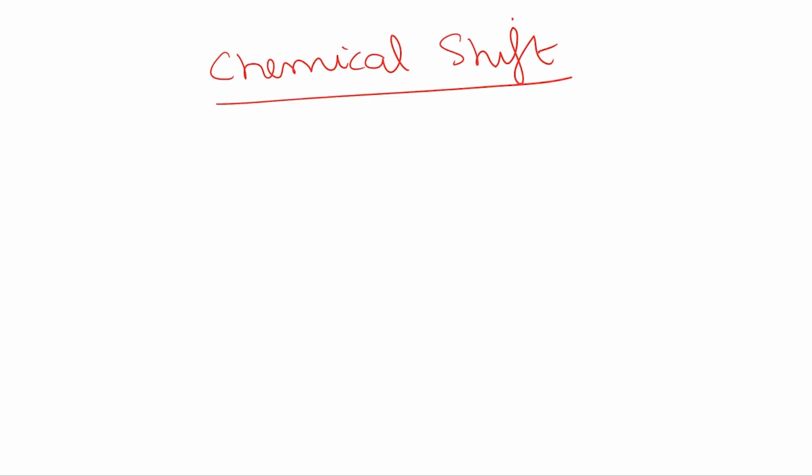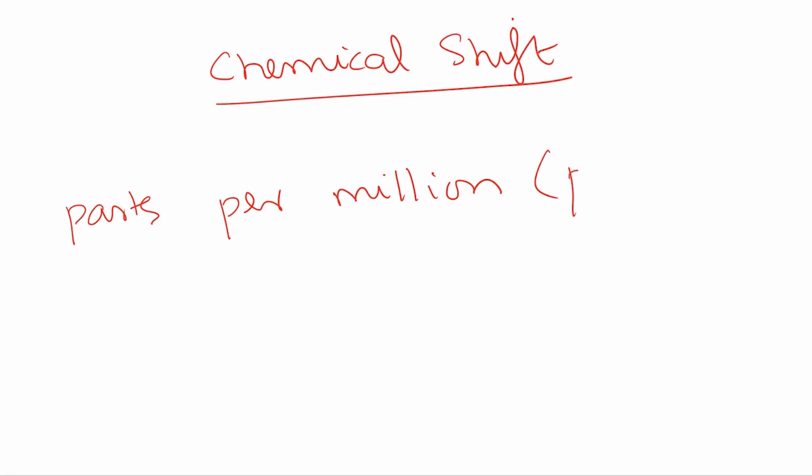So, chemical shift. Okay. So, what chemical shift is basically, this scale is in what is known as parts per million. Okay. So, this is called ppm. So, here is the parts per million.